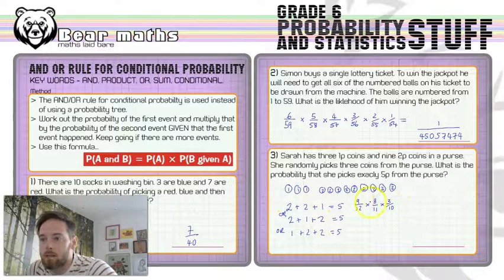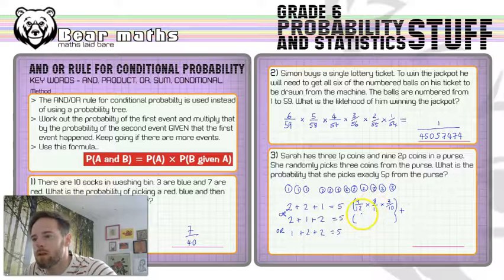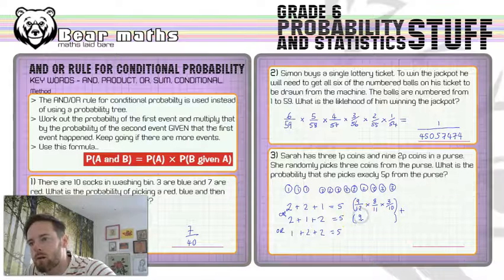Okay, now we've got the same thing here but just in a different order, so we're going to think of this being one calculation. Then we're going to add it to this calculation, which is exactly the same numbers, just in a different guise basically. So we're going to get the 9 out of the 12 again, then this time 3 out of 11, and then the 8 out of 10.